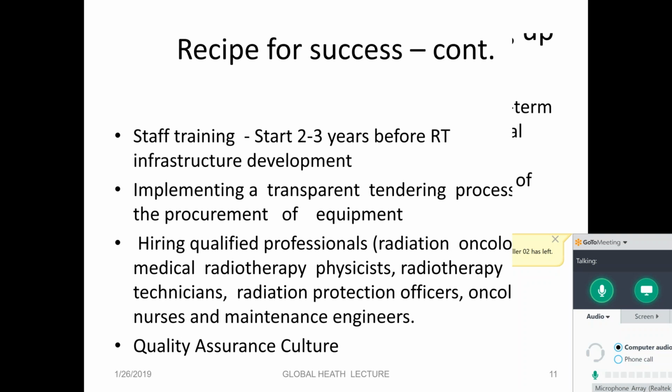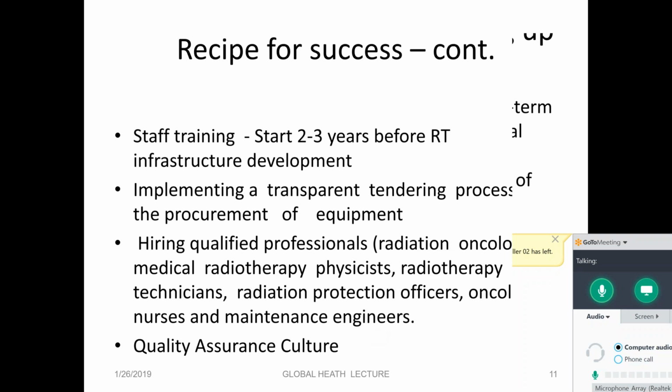The other thing is when it comes to hiring people who will work in the radiotherapy program, say radiation oncologists, medical physicists, technicians, protection officers, oncology nurses, maintenance engineers, one has got to have staff that are qualified professionals, that have had proper training, and that will be able to deliver as per their certificates.